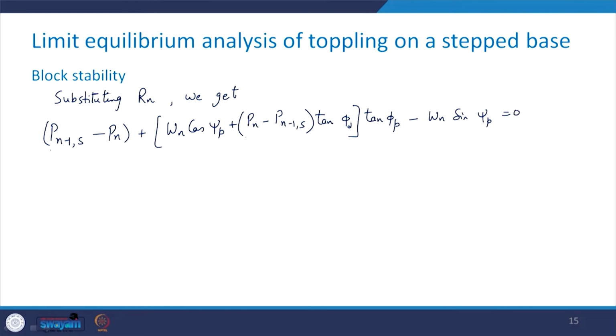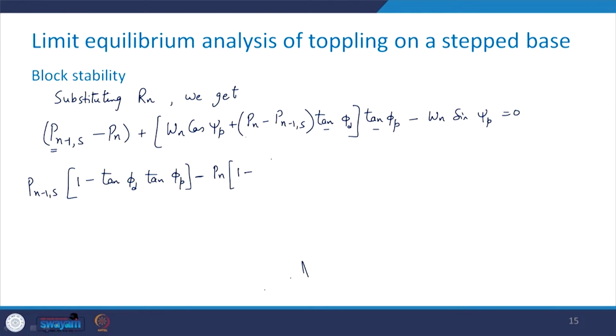Now you take the terms of Pn minus 1 comma S together. So this is what we are going to get. This will be 1 minus tan of phi d into tan phi p, and minus Pn. Again you will have 1 minus, because I have taken the minus sign here, so here this is with the positive sign.